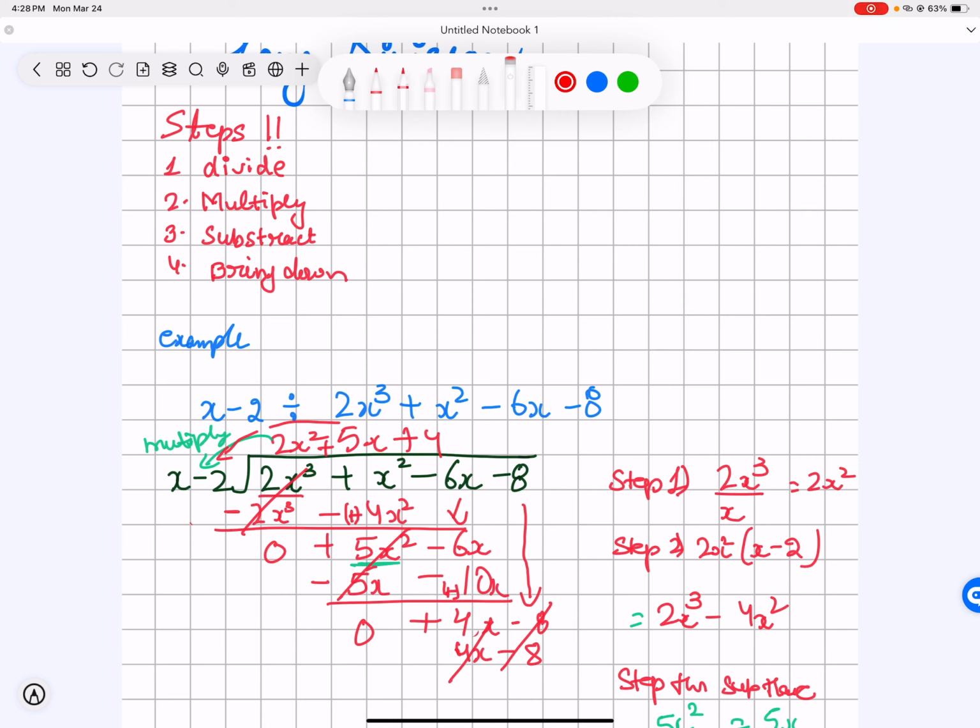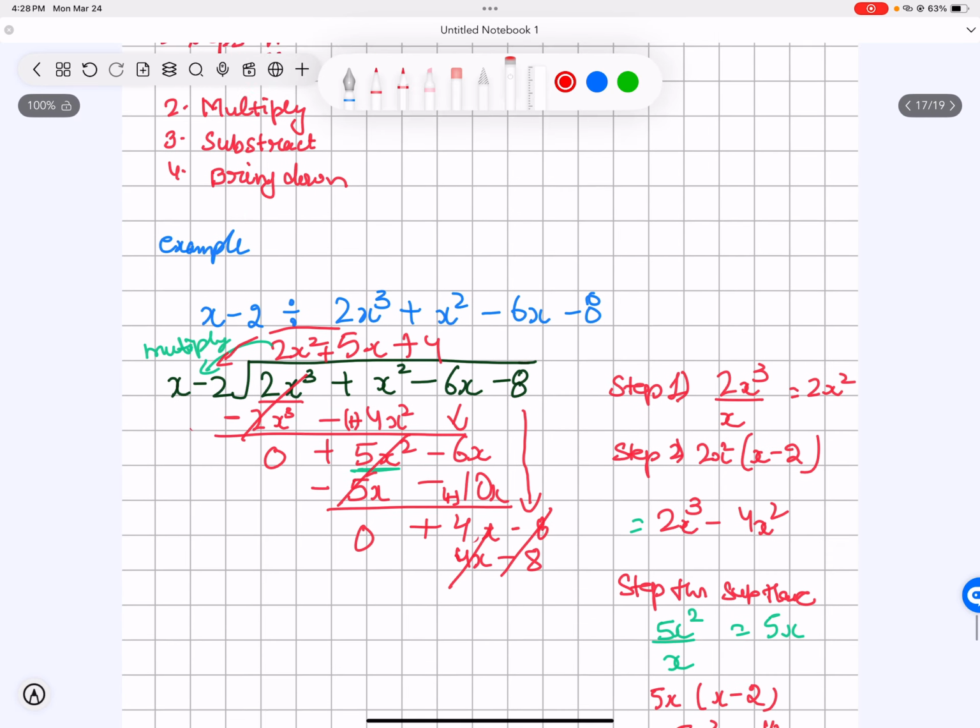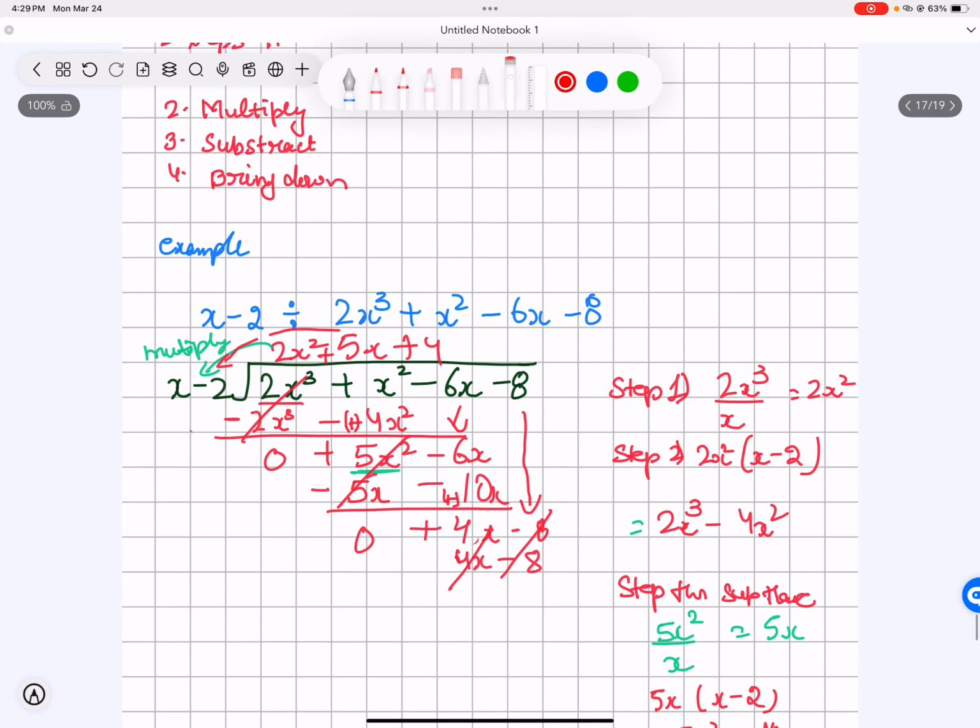So here, if I'm dividing, I'm gonna subtract the variable exponents here. It's gonna give me 2x squared. And then the next step is multiplying.